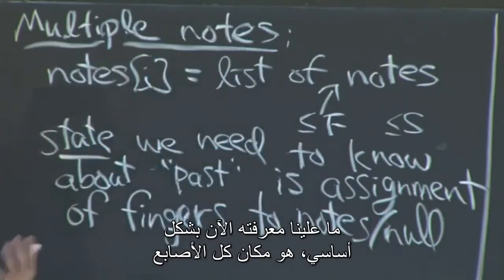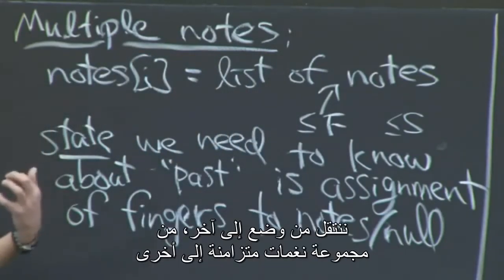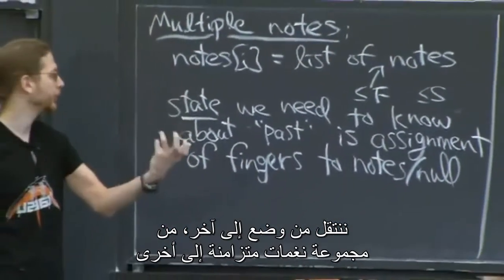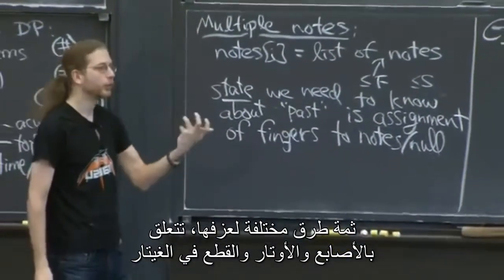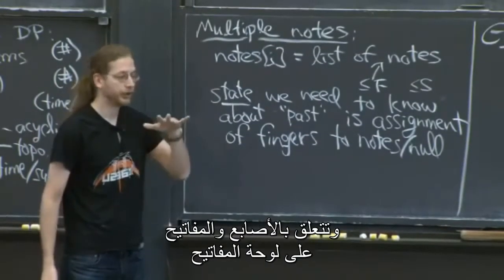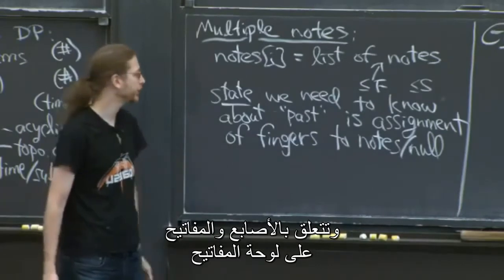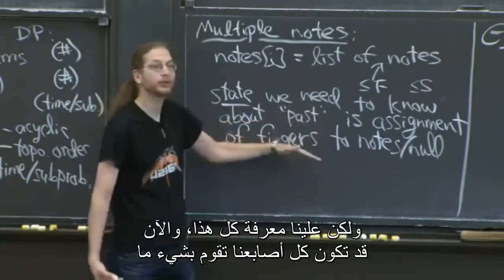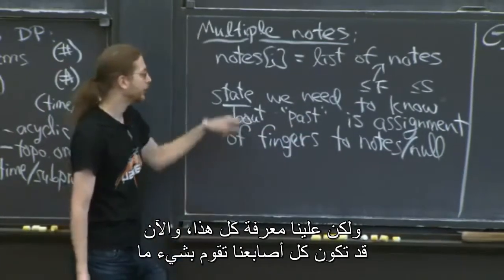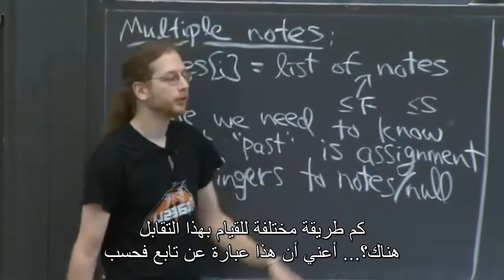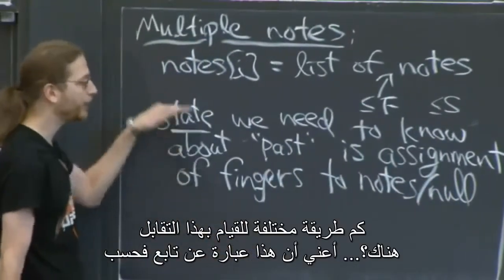Basically, now you need to know where all your fingers are. So you go from one pose to another pose, from one chord to another. Different ways to finger that. Which fingers are on which strings and which frets on the guitar, which fingers are on which keys on the keyboard. But you just need to know all of that. And now all your fingers might be doing something. And you've got to know for each finger, what note is it on, or is it not being used at all?